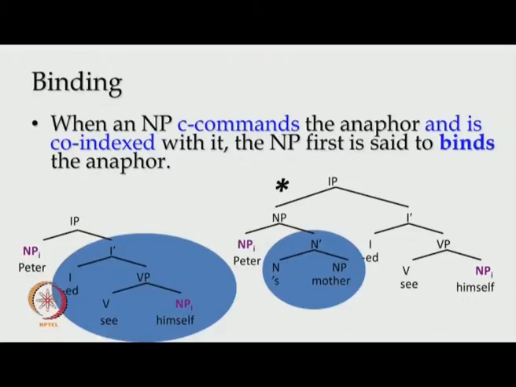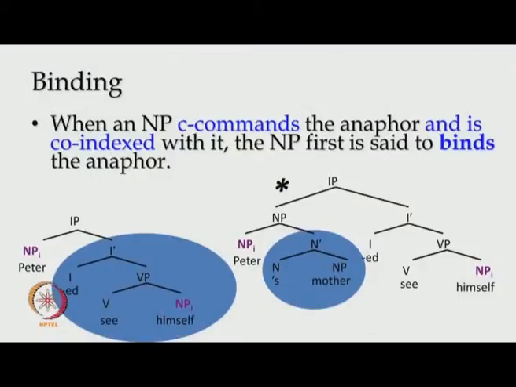All right? Okay. And then you know that when an NP C-commands the NFR and it is co-indexed with it, the NP first is said. So this is the configuration in which I want to introduce one more term to you. We can say the antecedent John in one, that is Peter here, binds the NFR.